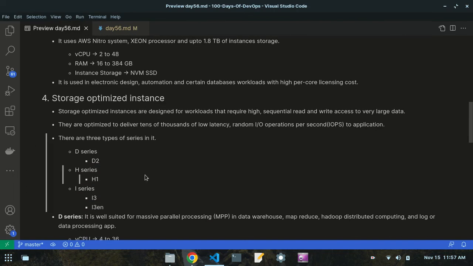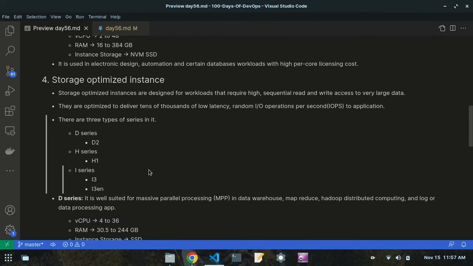Now let's take a look at the fourth type of AWS instance, the storage optimized instance. Storage optimized instances are designed for workloads that require high sequential read and write access to very large amounts of data.